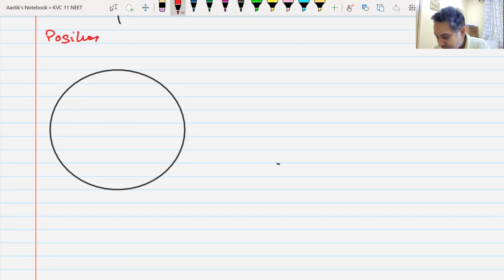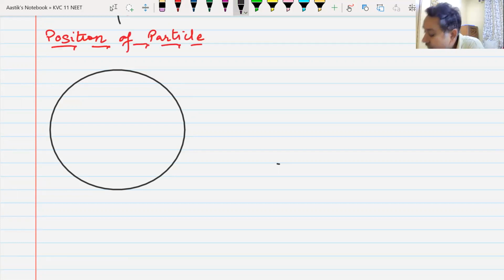What type of motion is this? Is this motion in 1D, 2D or 3D? Tell me that quickly. Is this 1D, 2D or 3D? You have to complete this topic quickly.